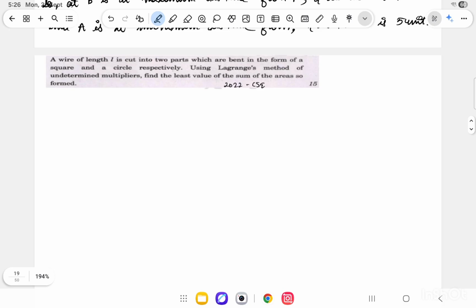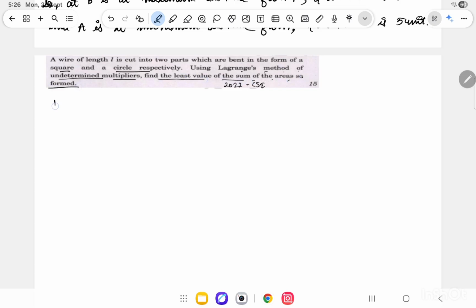So the next question says that a wire of length L is cut into two parts which are bent in the form of a square and a circle respectively, and we are supposed to use the Lagranges method of undetermined multipliers. Find the least value of sum of the area so formed.